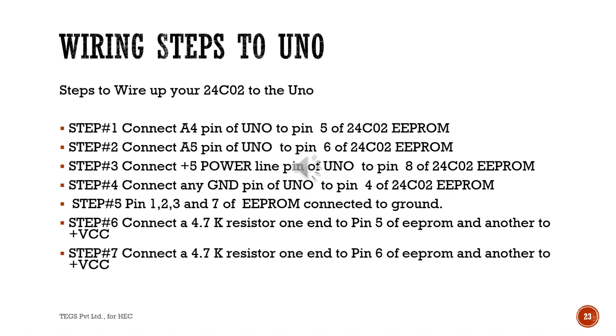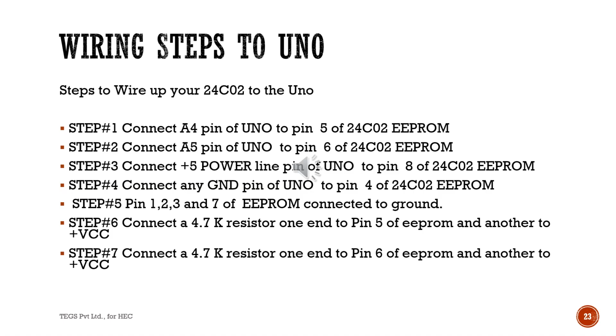Step 3. Connect plus 5 volt power line of Uno to pin 8 of 24C02 EEPROM. Step 4. Connect any ground pin of Uno to pin 4 of 24C02 EEPROM.